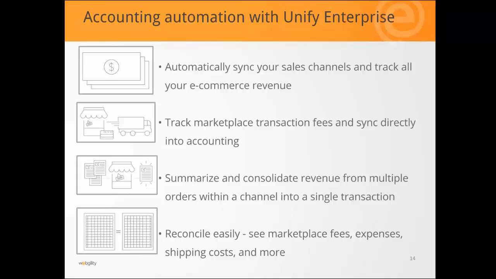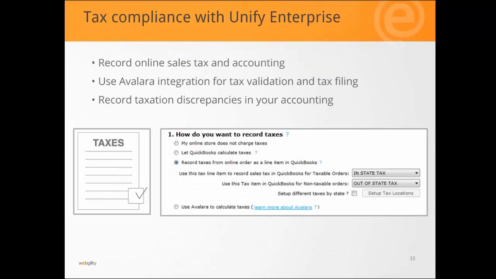Unify Enterprise is able to facilitate tax compliance by utilizing Avalara to help with the tax validation and tax filing. So this is really about seeing any kind of discrepancies within the taxation within your online shopping cart versus what Avalara is calculating and putting into your accounting system.